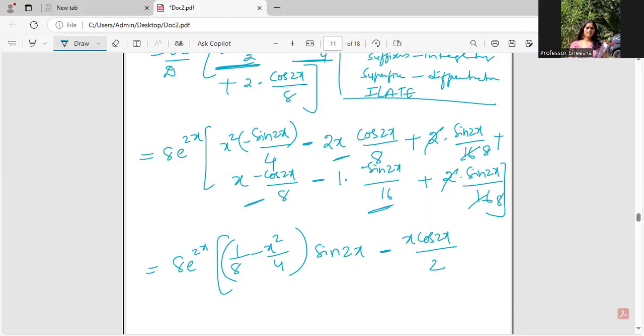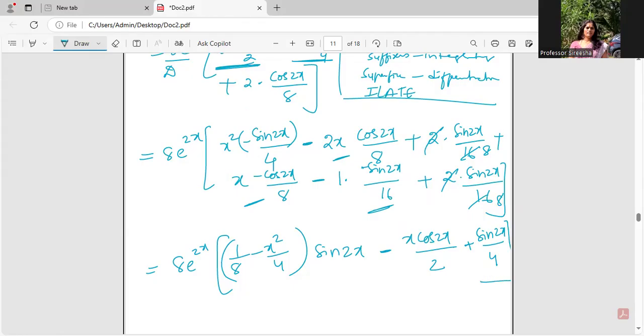I've taken 8 as well inside for this. So what happens? 8 and 8 get cancelled off. Minus 2x plus x will give me minus x. Because of which this is x cos 2x by 2. And finally, if I take 8 inside, I'll be having plus sin 2x by 4.